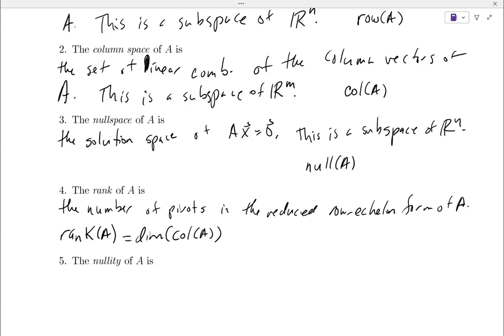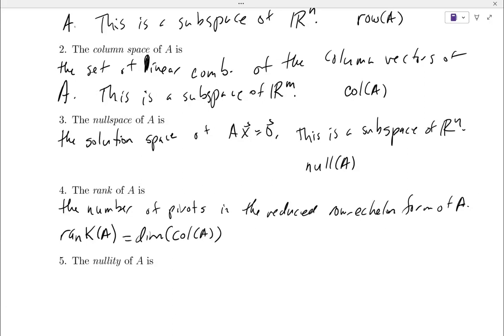Because we either move them around, but that's not very interesting, or we'll do a constant times one row and add it to another, right? So basically we're just changing out things with linear combinations. So when we do row operations on the matrix, we're not changing the row space at all, because we're just combining rows as linear combinations of them, right? So when we get to the end, what we could use for a basis for your row space are just the rows that are left.